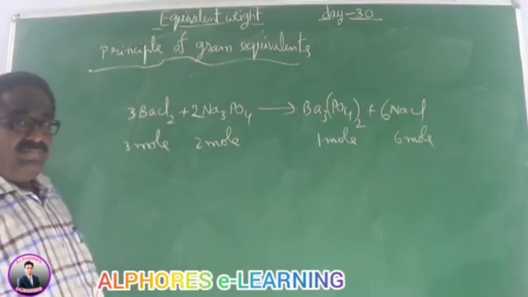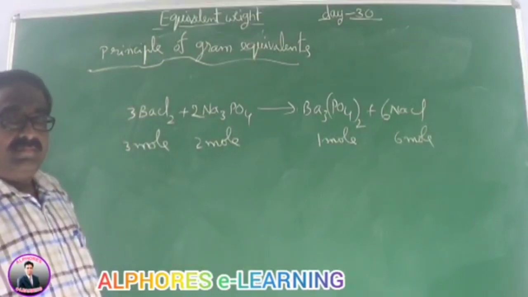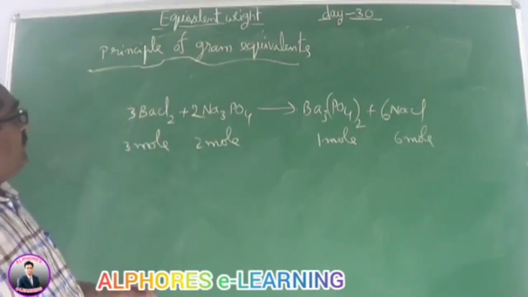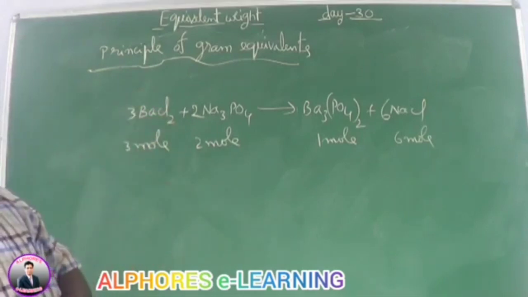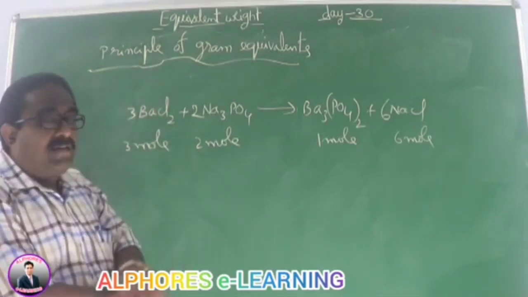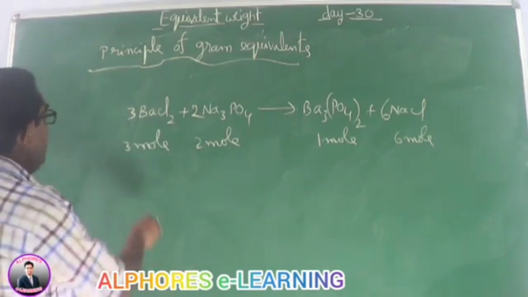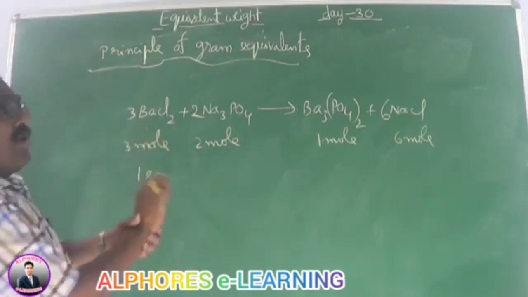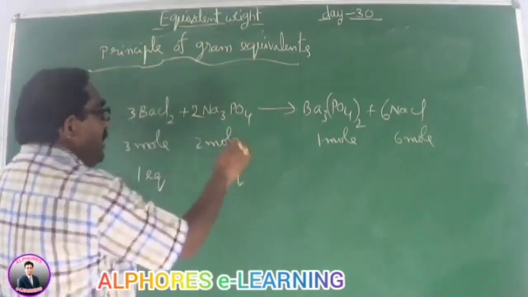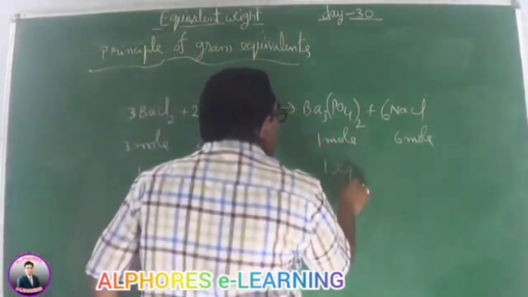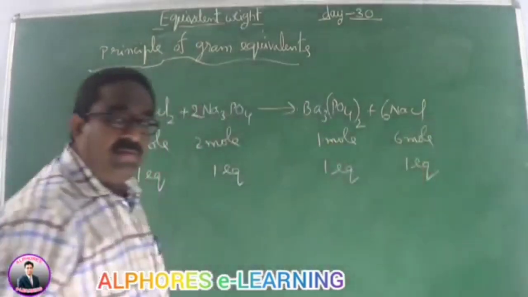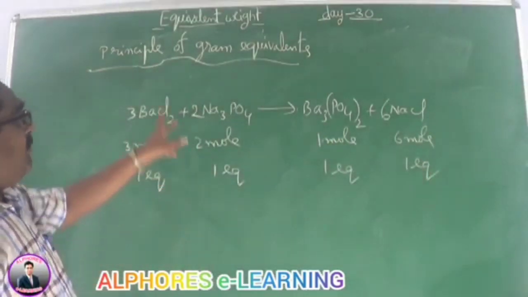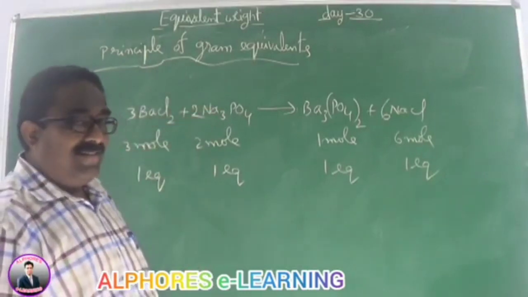Anybody can write. But if you apply the principle of gram equivalence to this reaction, you consider 1 equivalent of barium chloride should combine with 1 equivalent of sodium phosphate and form 1 equivalent and 1 equivalent. That is the meaning of principle of gram equivalence.